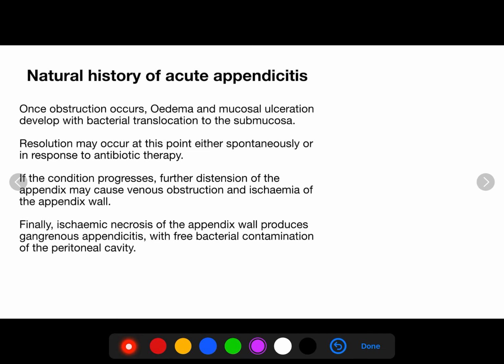What is the natural history of acute appendicitis?